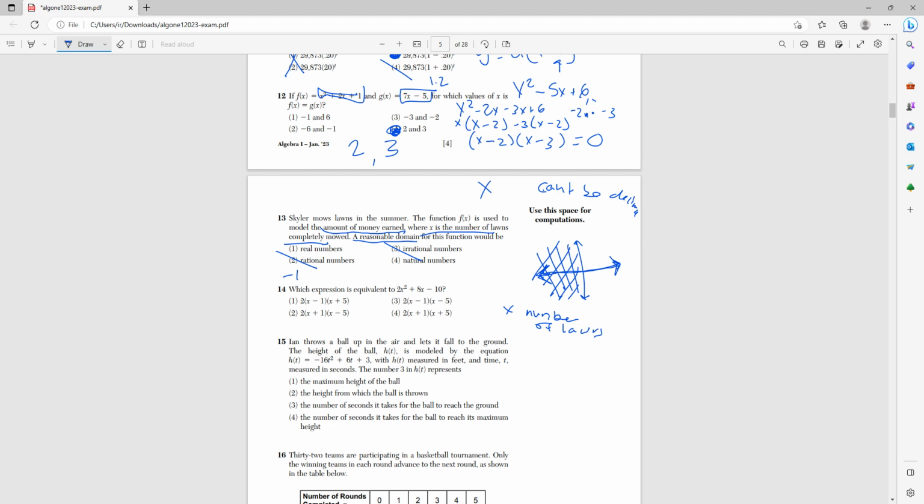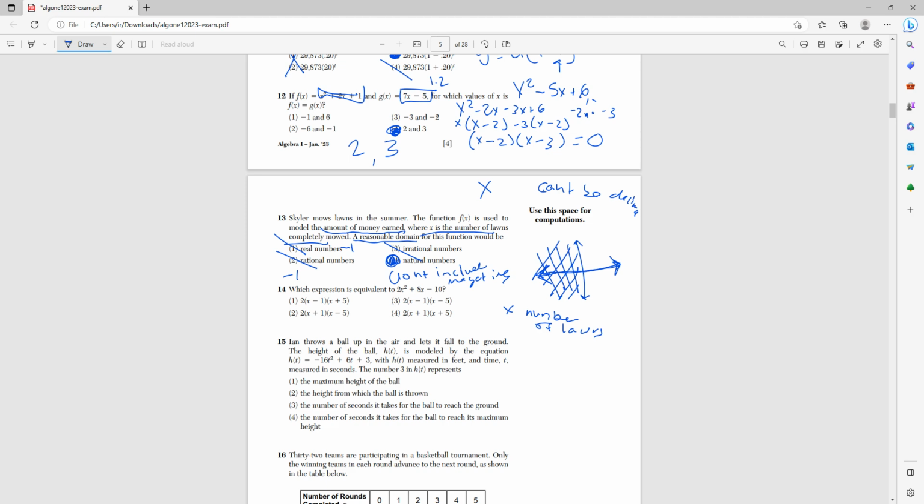That doesn't make sense, right? We can also eliminate real numbers, because real numbers also contain negatives, right? And that's leaving us with natural numbers, right? Natural numbers don't include negatives. It doesn't include the weird non-repeating decimals. So we stick with natural numbers and then we move on.